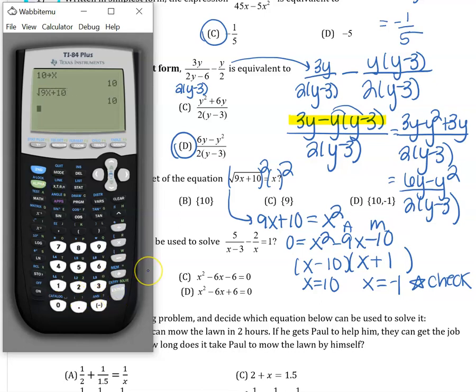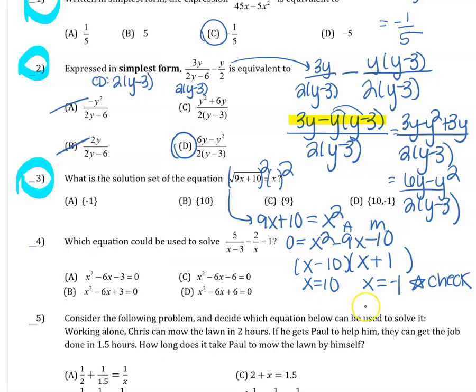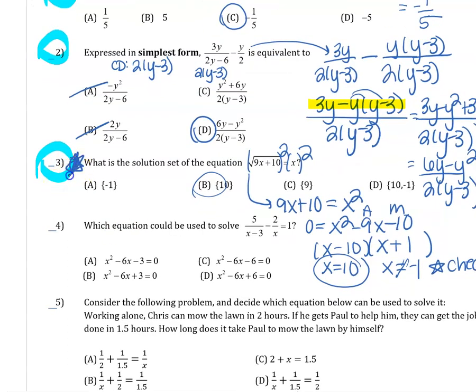That reduces to 10, which is the same thing as x, so that checks out. Let's do the same thing, but store -1 as x. Copy that expression again, so I'm substituting in -1 for x, and I got +1, not -1 as it should be with the equation, which means this rejects, and your final answer is x equals 10. So again, make sure you always check in these radical equations.